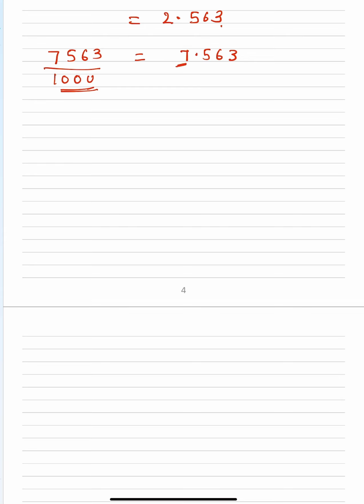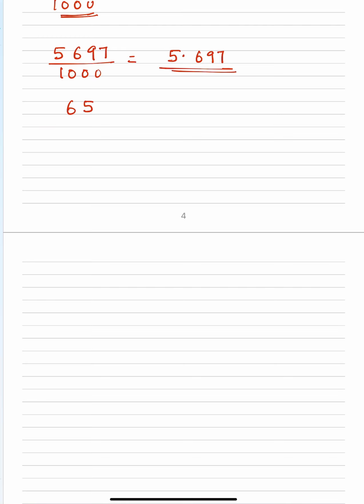So 7 is the whole number and 563 is the number after the decimal point, the fractional part. One more number, 5697 upon 1000, is nothing but 5.697. Directly you can write it like this.